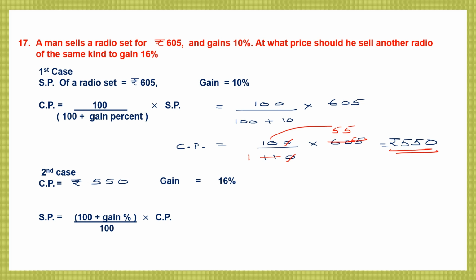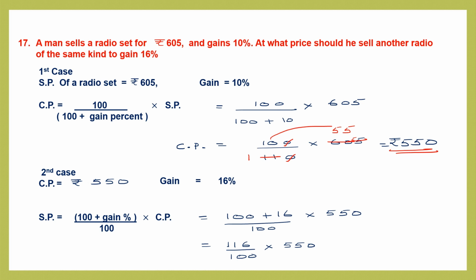Then selling price is 100 plus gain percent divided by 100 into cost price. So let's find the selling price. 100 plus gain percent is 16% divided by 100 into the cost price, which is 550. So this is 116 divided by 100 into 550.